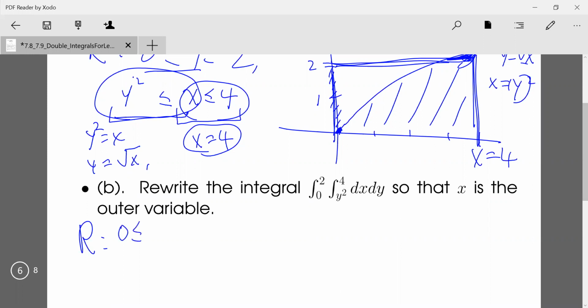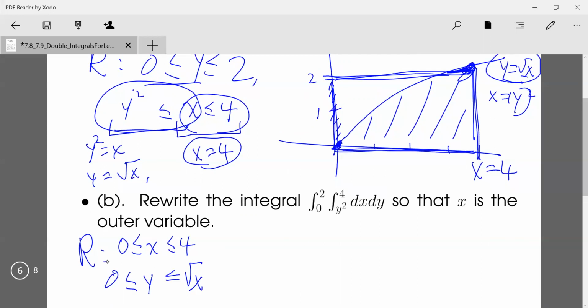X is between 0 and 4. And Y is between y equal to 0 and y equal to root of x.